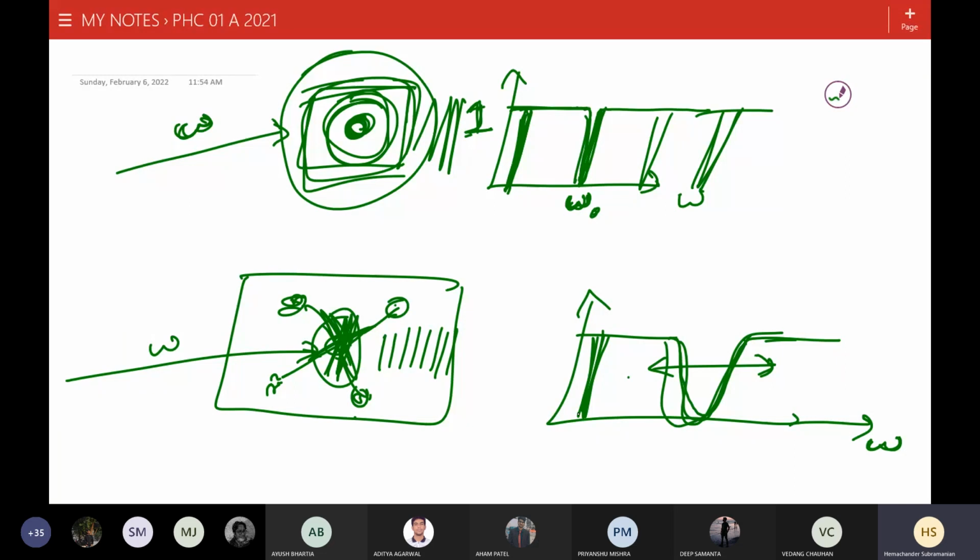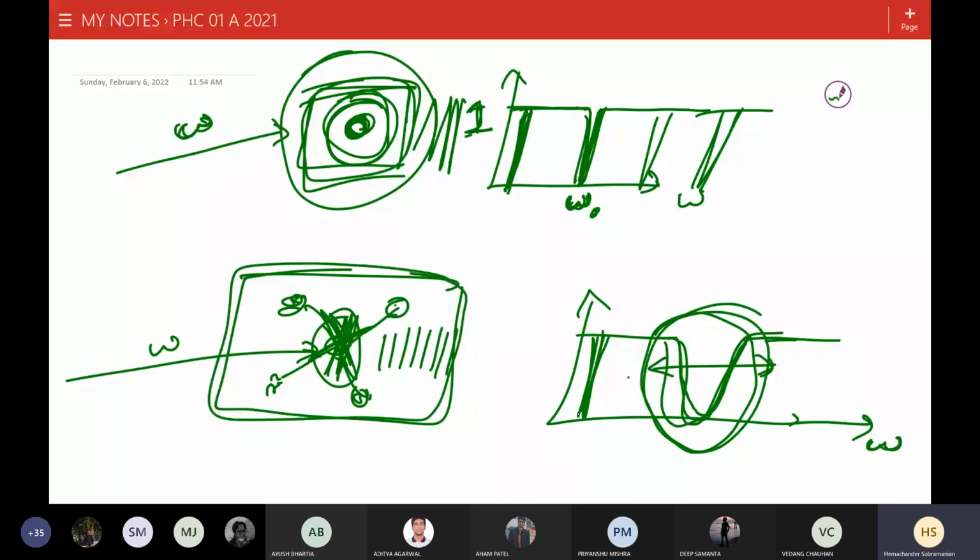So just by looking at how broad these peaks are, you can really figure out the type of the environment that the atom is in, the type of the crystal that the atom is in. This is similar to NMR spectroscopy, nuclear magnetic resonance spectroscopy. They look at broadening.